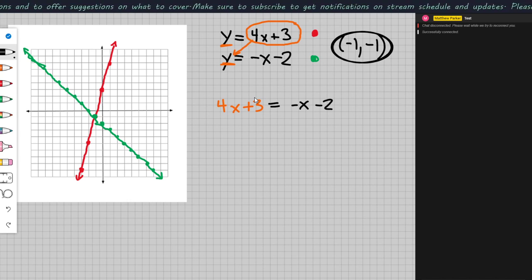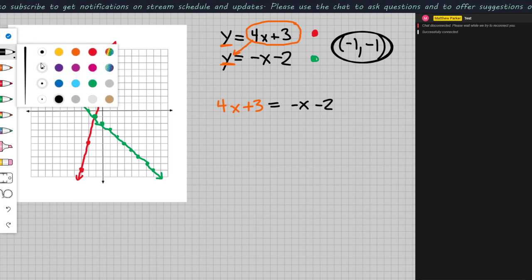Granted, yours is probably not color coded, and that's fine. I'm just showing you what that would look like. At this point, you're going to want to just solve for x, just like a normal equation.